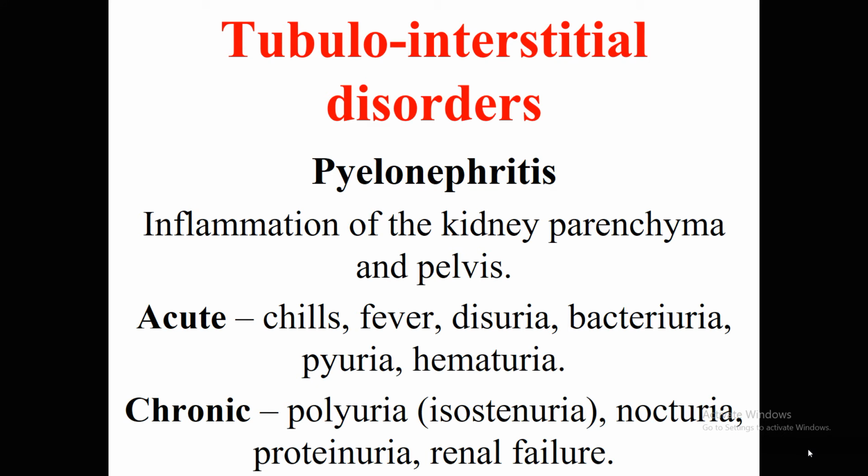The pyelonephritis represents an inflammation of the kidney parenchyma. It is a tubulointerstitial disorder and also involves the renal pelvis. It is most commonly caused by Enterobacter, but also by Escherichia coli, Proteus, and Klebsiella.